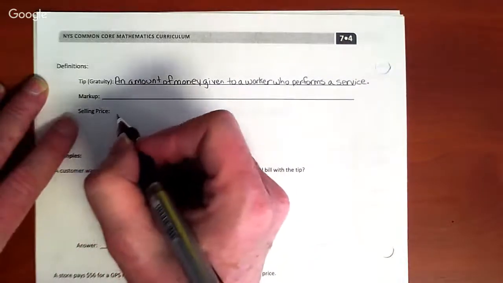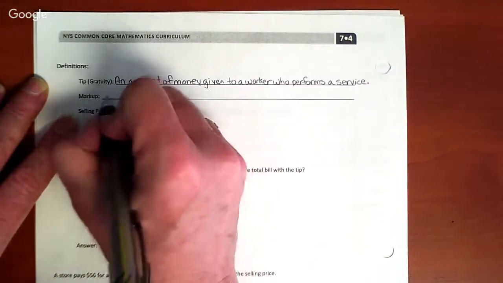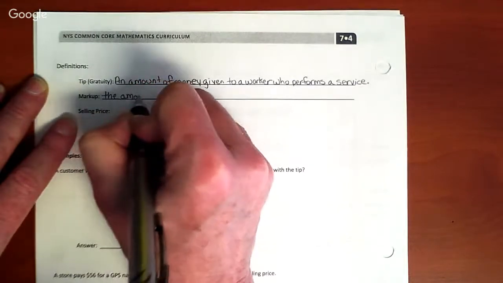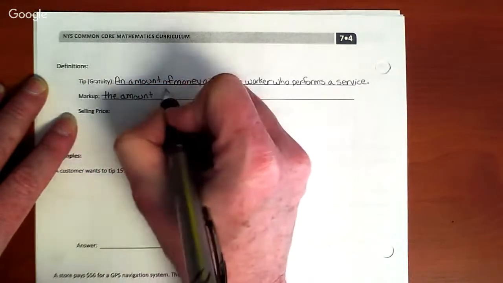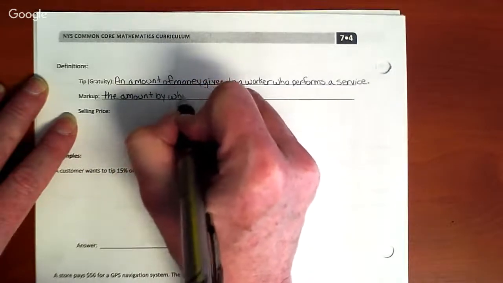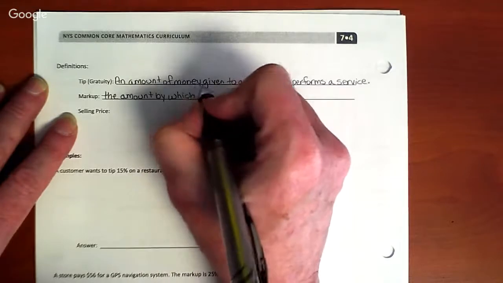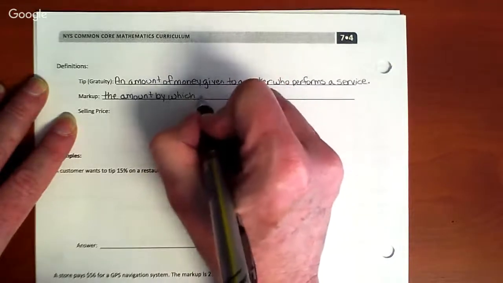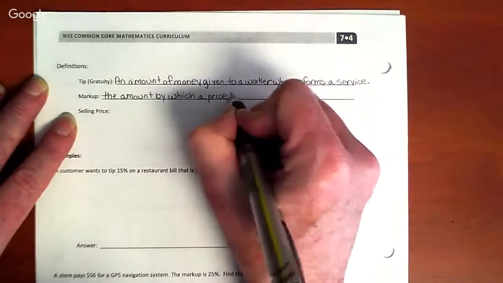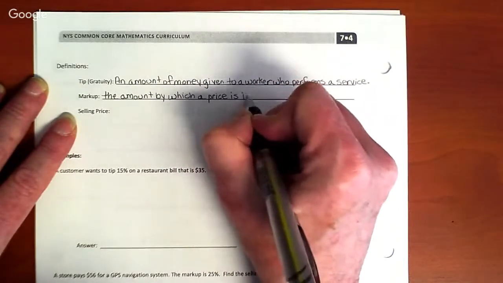A markup is the amount by which a price is increased.